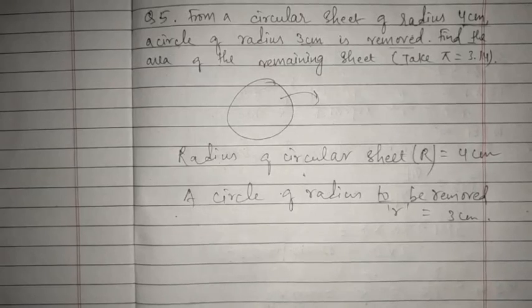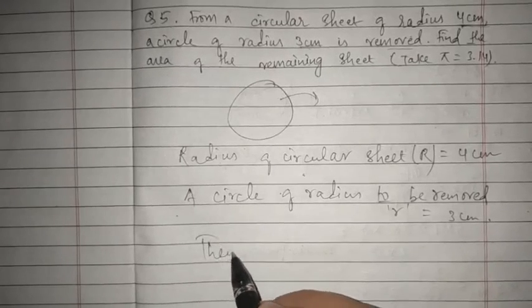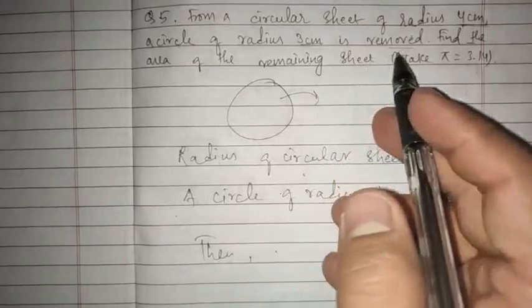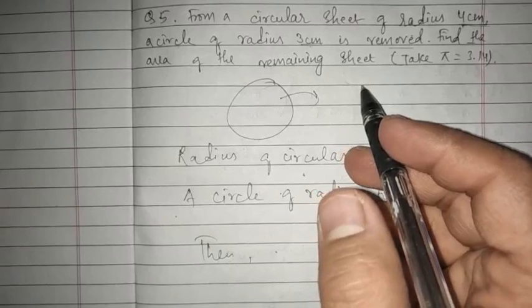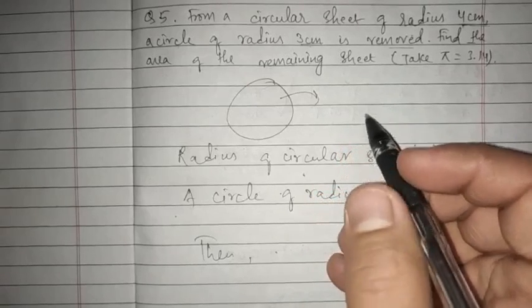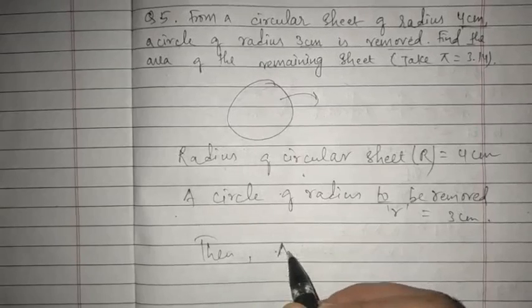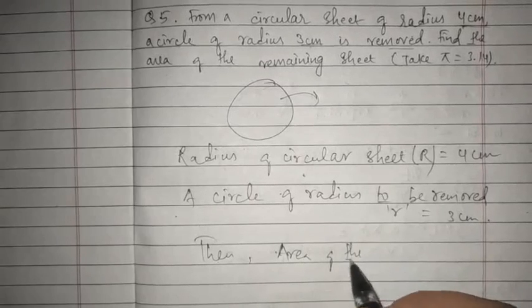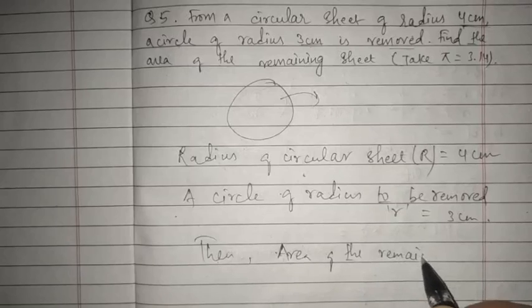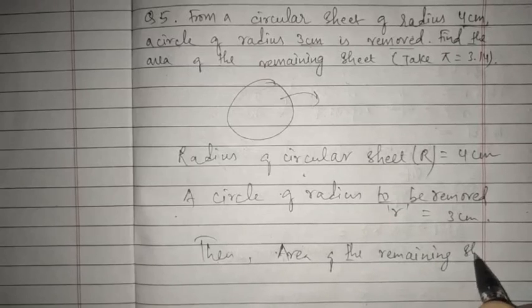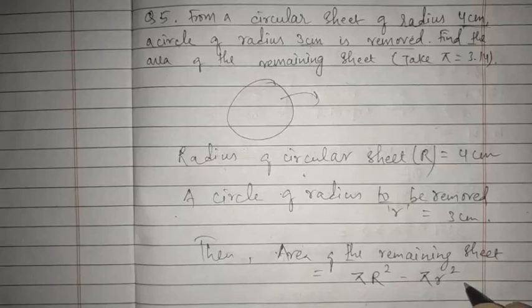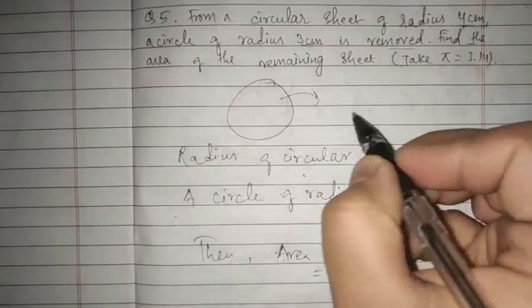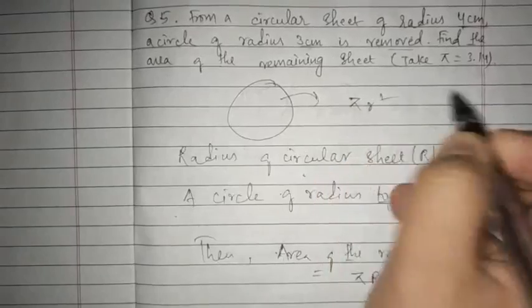Now find the area of the remaining sheet. The formula for this will be area of the remaining sheet is equal to pi r square minus pi r2 square. For only one area, what was the formula of area?